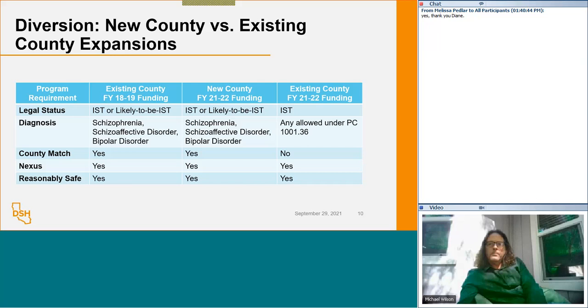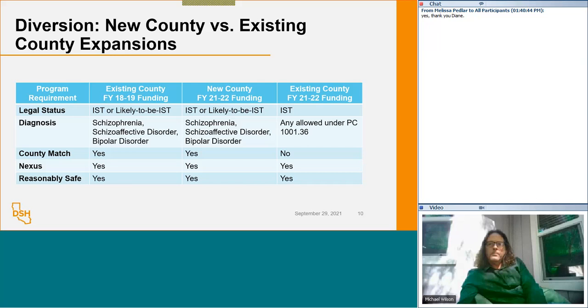The county has to establish nexus criteria between the alleged crime that an individual has committed and either the symptoms of their psychotic disorder or a condition of homelessness, and have to determine that the folks who are participating in their diversion program are reasonably safe to be treated in the community.